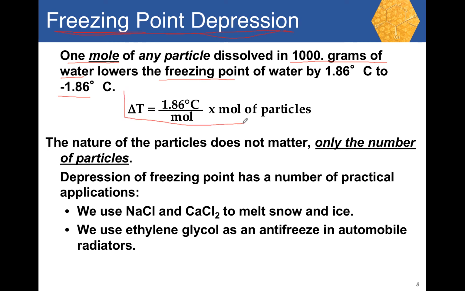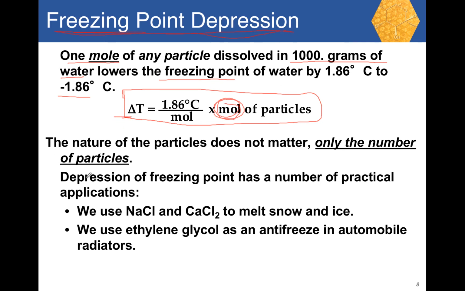So here is our conversion factor if we need to carry out the calculation with different concentrations. Notice here the key word again is moles. So it's moles of particle. So as you can imagine, if given grams, weight, the first thing you'll have to do is to convert it to moles to use this equation.